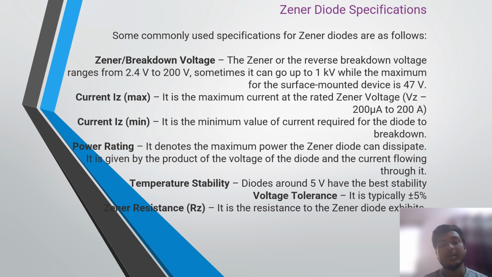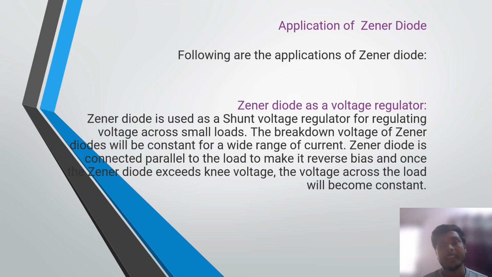Temperature stability: a diode around 5 volts has the best stability. Voltage tolerance: typically plus or minus 5%. Resistance Rz: the resistance of the zener diode when excited. So we have seen the zener diode specifications.